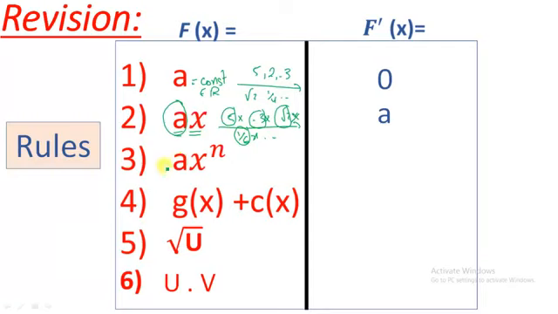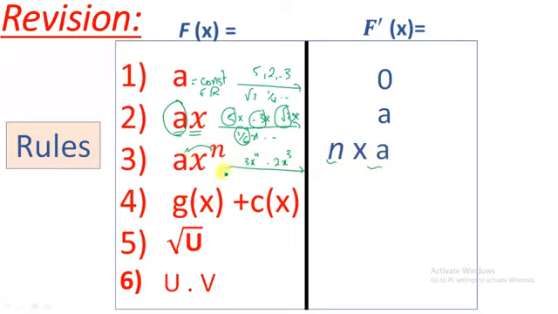Now, what is the derivative of the function f of x equals ax to the power n, like 3x to the power 4, minus 2x cubed, etc.? In this case, we will multiply the power n by the coefficient a.